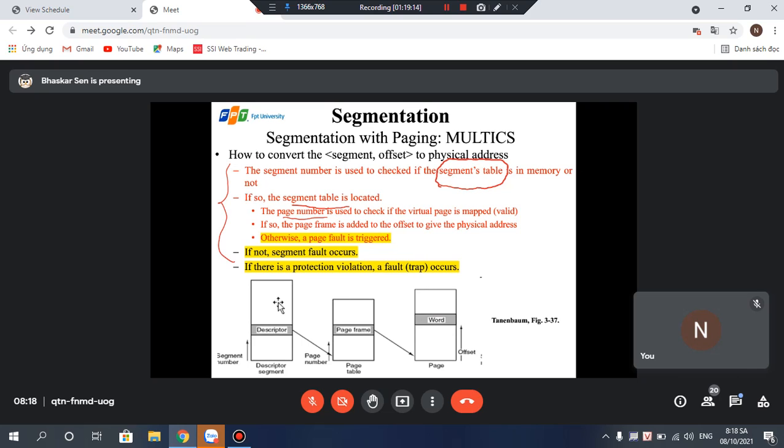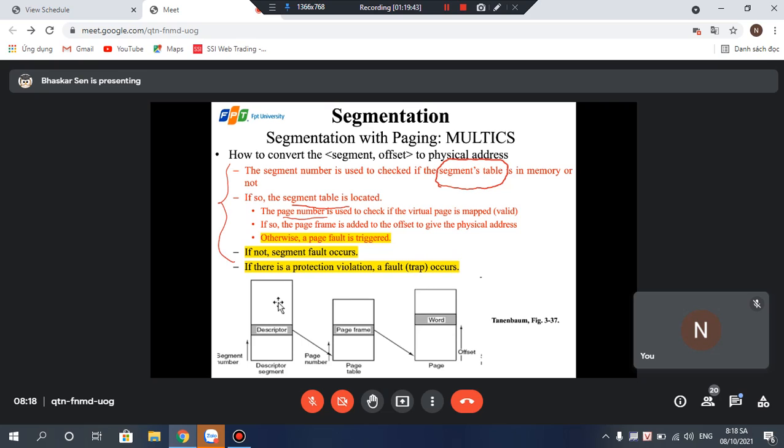If so, the page frame is added to the offset to give the physical address. Otherwise, a page fault is triggered. If not, then a segment fault will occur. If there is a protection violation, a fault or a trap will occur. So step by step. Okay.